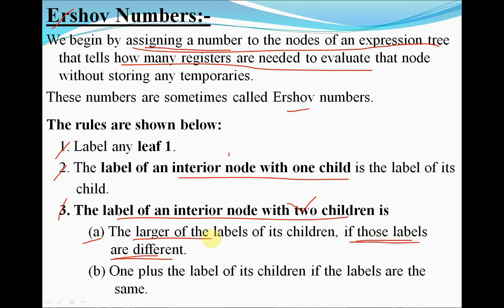That means if the interior node has two children whose labels are different, in that case the largest of the labels of its children is the label of the interior node.